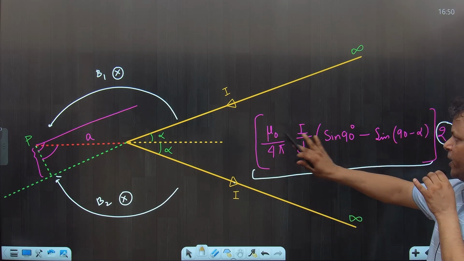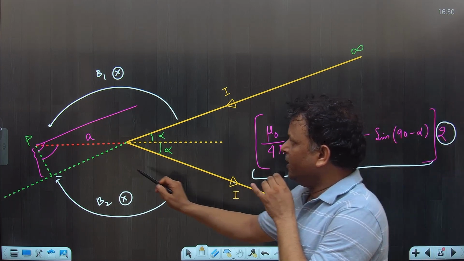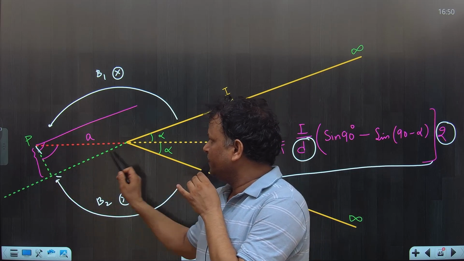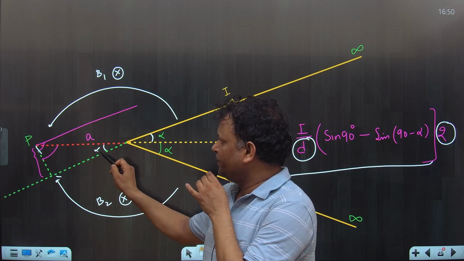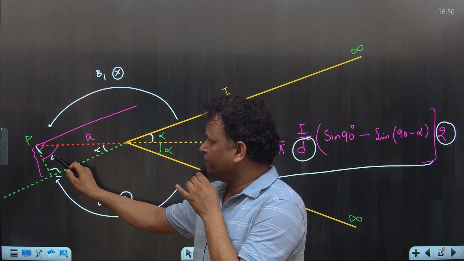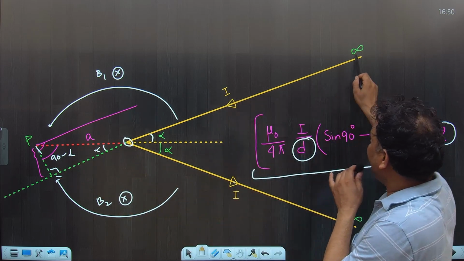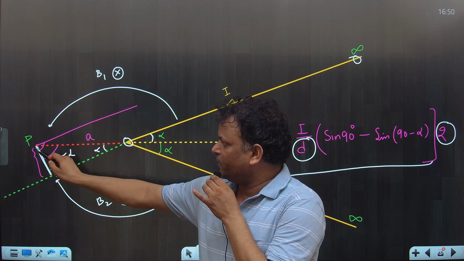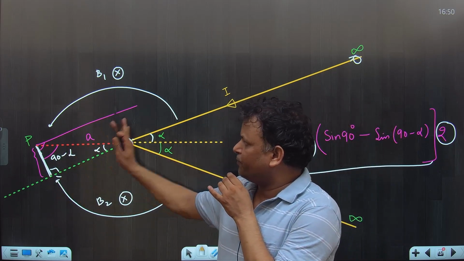First of all you should write the formula here. What will be D here? D is the length of the perpendicular: just extrapolate this conductor, draw the perpendicular, this angle is alpha, so this angle will also be alpha, this angle is 90 degrees, this is 90 minus alpha. Now this end and this end are both on the same side of the perpendicular.